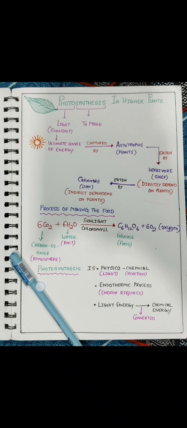Again, as an example, sheep is eaten by a carnivore, for example a lion. So, the lion indirectly depends on plants for food through the sheep. This is just an example of how each and every organism on this earth is dependent on the plant for their food. So photosynthesis is the process of making the food.